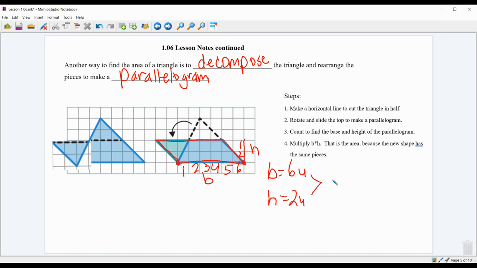When you multiply these together, you get 12 units squared. Now, you don't need to divide anything because we didn't create anything that wasn't already there. We just took this piece and we cut it off and we moved it, right? We made a new shape, but not by copying. Okay, so this is my decompose and cut method.